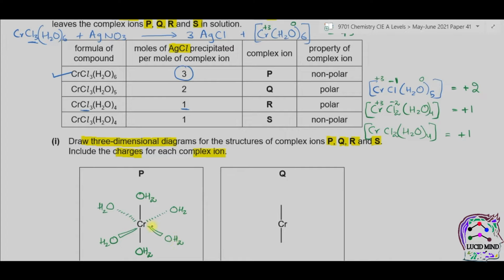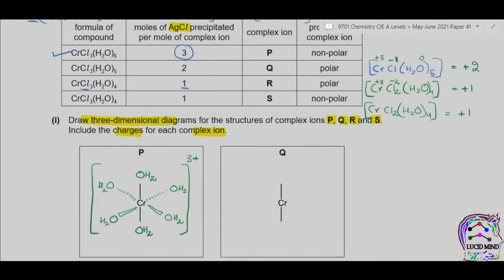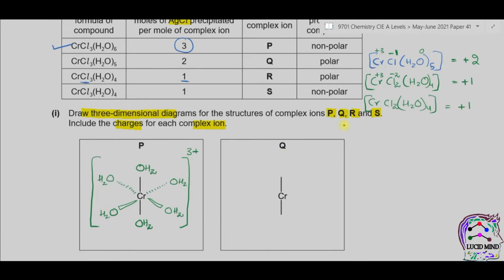And this is the octahedral complex. Now the overall charge was +3, so we can write +3 in square brackets. This is for P. Then for Q it is 2+, and we have 1 chlorine and 5 water molecules, and this is polar, so we can add chlorine, and we can add 5 water molecules.